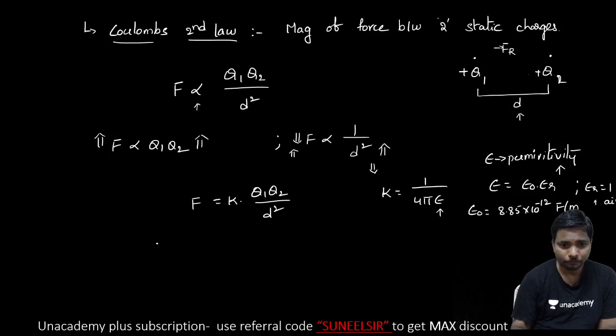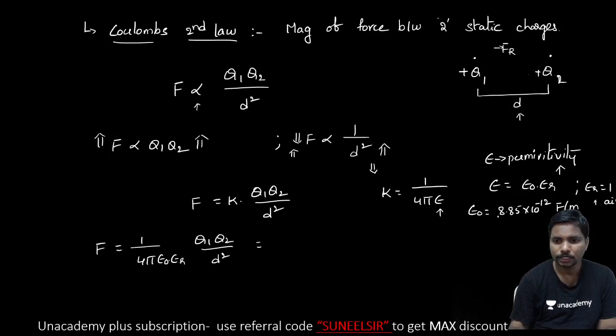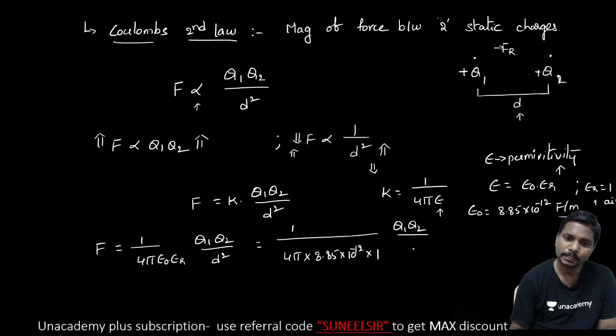If you replace that in this equation, force is equal to, in the place of k, I am substituting 1 by 4 pi epsilon naught epsilon r, into q1 q2 by d square. Substituting the values of epsilon naught and epsilon r and calculating in detail, that is 4 pi into 8.85 into 10 power minus 12 into 1, into q1 q2 by d square.